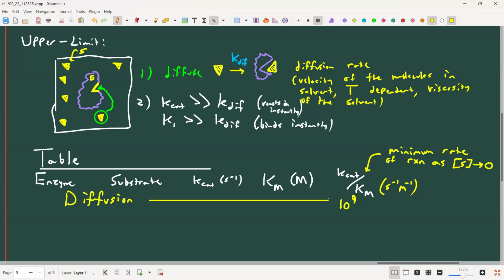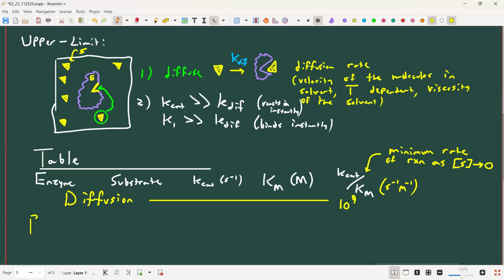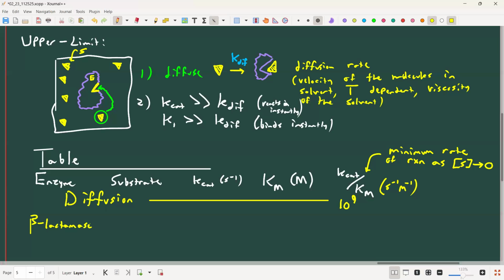All right, so let's look at an example. Here's an example of an enzyme. This is called beta lactamase. This is the protein within bacteria that confers antibiotic resistance.